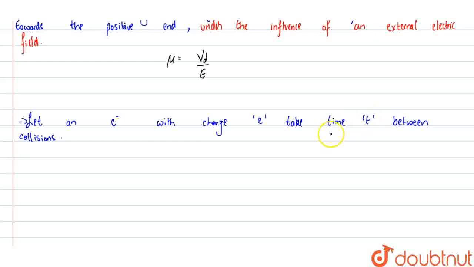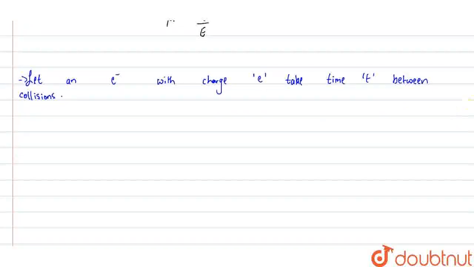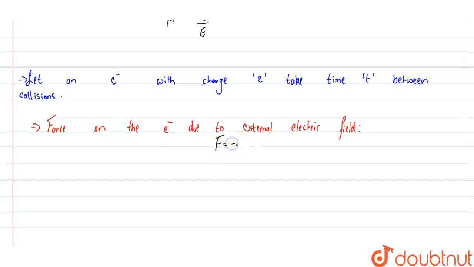Now if the external electric field, denoted by capital E, is acting on it, the electron will be experiencing a force. The force on the electron due to the external electric field is given by the expression F equals negative of the charge of the electron times the electric field.